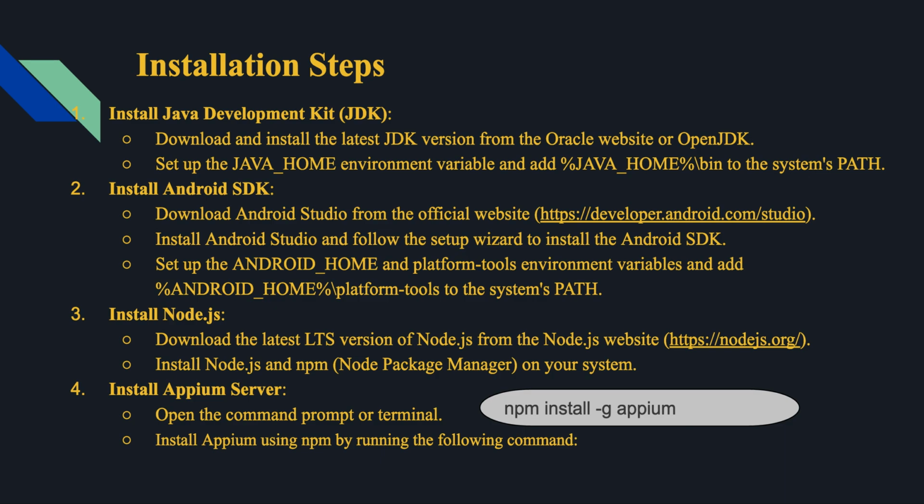It will show the latest version of your Node and npm. Once you install and set it properly, you are able to install Appium using npm install -g appium, which means the latest version, or you can also provide a specific version there.